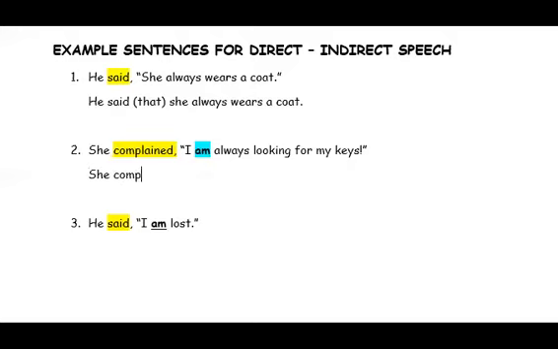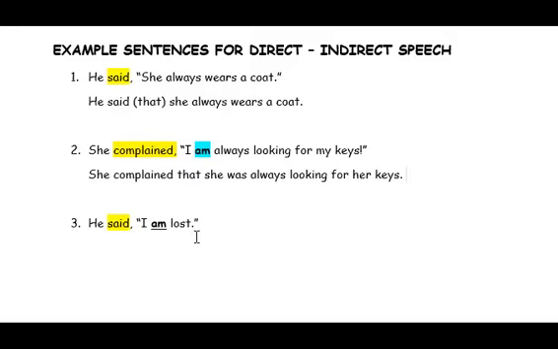So she complained that she, the pronoun I changes to she, and am changes to was, right? She was always looking for her keys. The pronoun my changes to her. Understood?